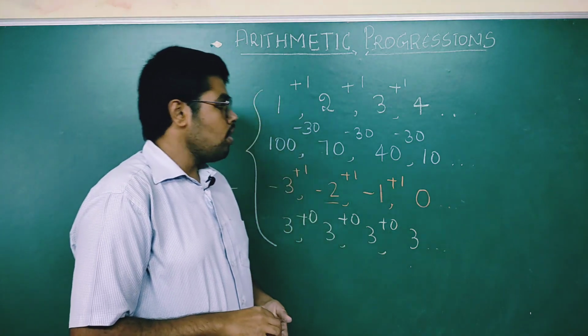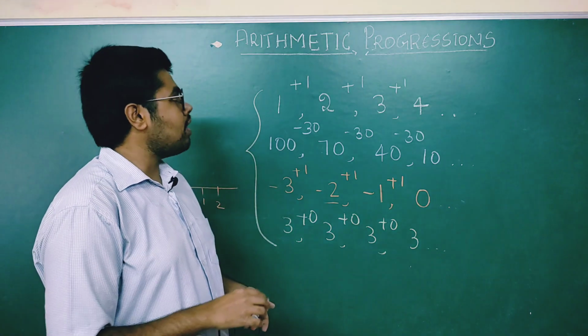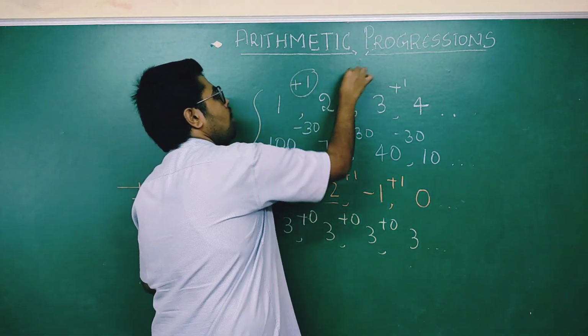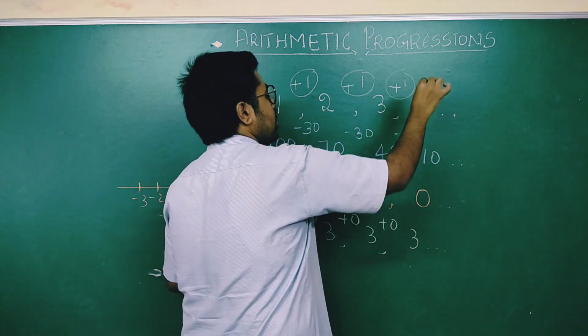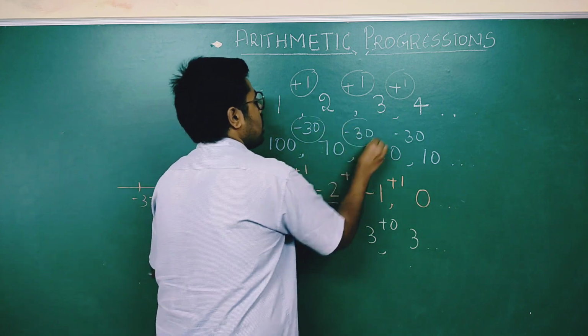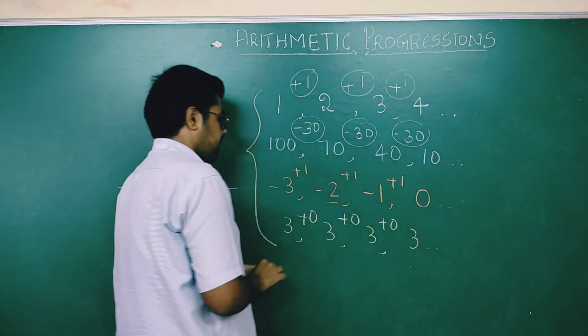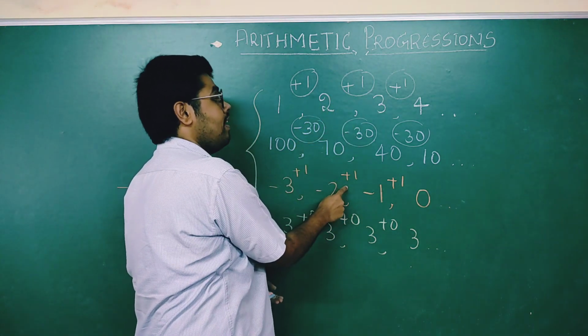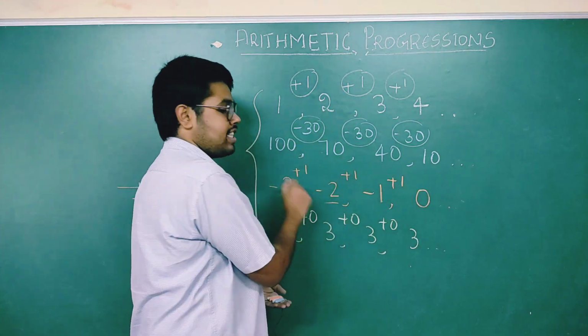Okay. So now, if you observe all this, in a particular AP, in a particular arithmetic series, there is only one common difference that is going on. One AP has one common difference, and that common difference can be positive, can be negative, and also can be 0.